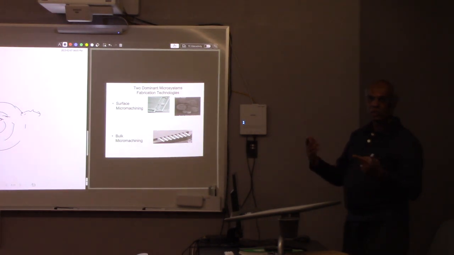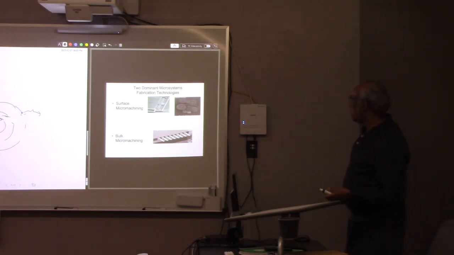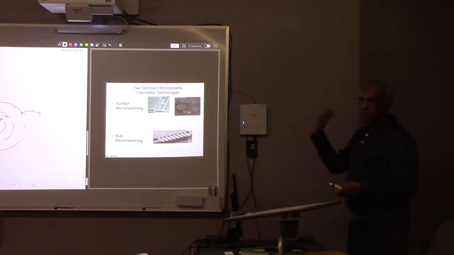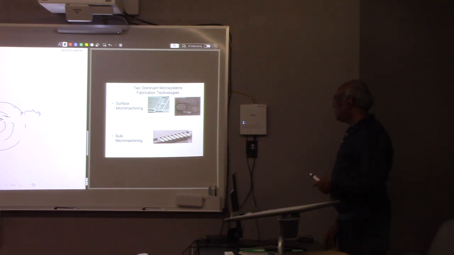But if you use electrons, you can get to nanometer scale. You can see some of the surface machining and bulk machining, you can do these nice features, but this requires a lot of processing steps. That's what I want to quickly discuss.